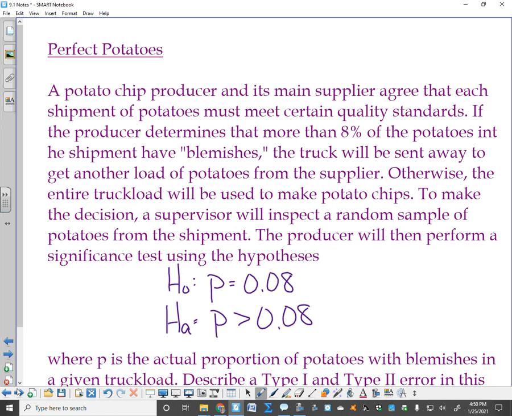So now this is a p. Look, we have our first p today. This is a p because this is a proportion of the potatoes that have blemishes. I'm not mu anymore. I'm now a p. Lowercase p, not capital P, lowercase p.